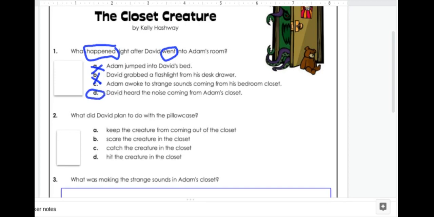And then when it says to prove your answer, you are going to write a complete sentence by saying that D is correct because, and then you will complete your sentence. For example, D is correct because he heard a sound in the room, period. I would write that here on this line that you're going to draw.